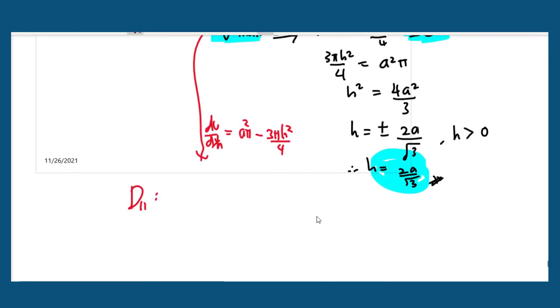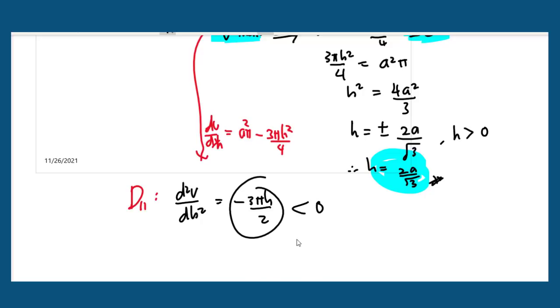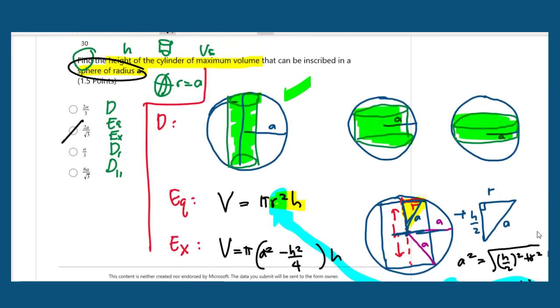Differentiate and find the second derivative, d2v dh squared. So this constant is 0, and then negative 3 pi h over 2. Confirm this is less than 0. Therefore, v is maximum when h is equal to 2a over 3. So confirm the answer is this one.